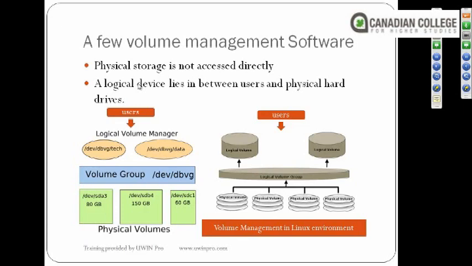So they all have volume management, but Solaris did not have its own volume management software before. So everybody started using what? Veritas. Since Solaris didn't have its own volume management, people started using Veritas. So that's why Veritas is popular with Solaris.